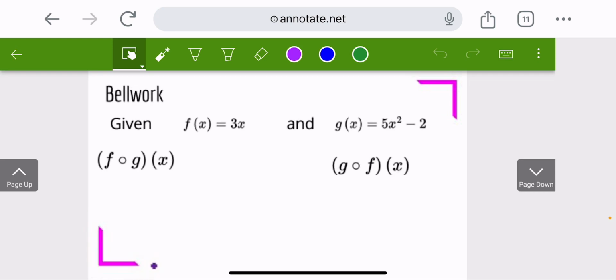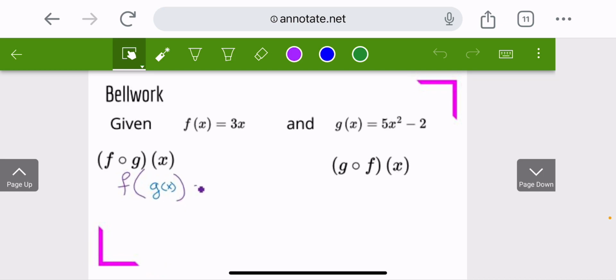So this is going to be using the stuff that we did on Thursday. We're going to take one function and put it inside the other one. Remember, this means f of g of x. We're going to take g of x and put it inside f of x.